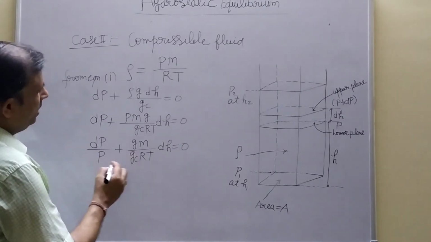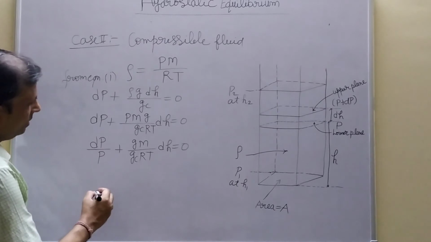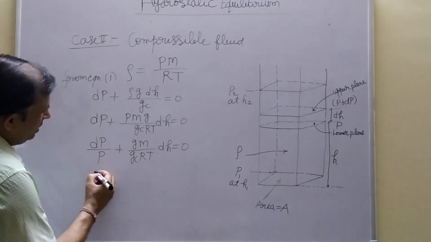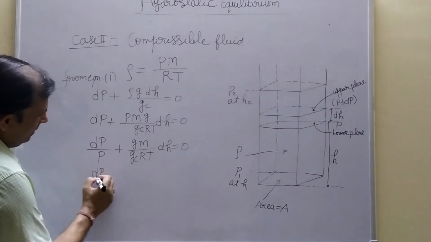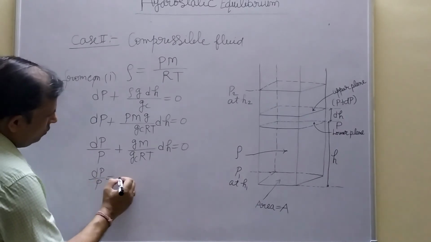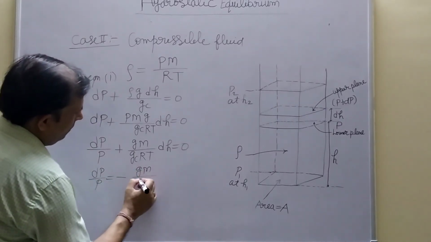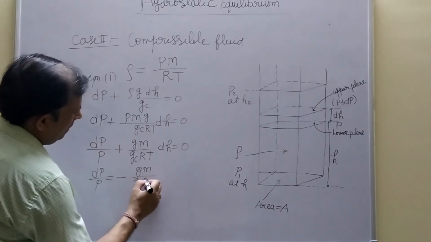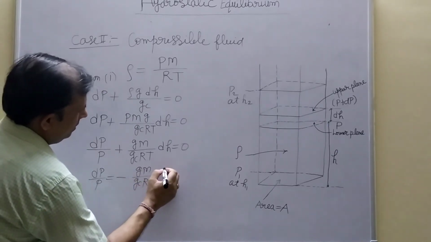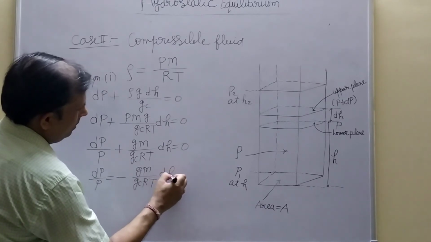So we can write the equation in this manner. We can also write this step as dP by P equals minus g M by gc R T dh.